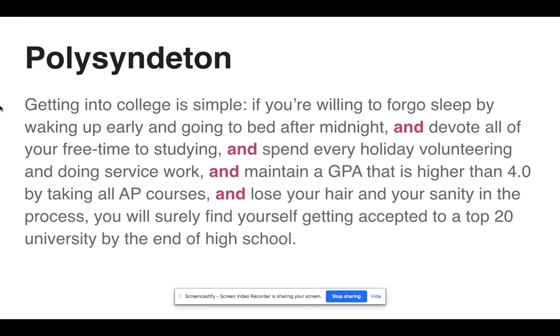Now, the effect of this is not only that it builds up a lot of information, emphasizing all of the different things that someone would have to do in order to get into college, but the end result is also some irony, because the fact is that it's not actually simple. After you read all of these different pieces that you have to do in order to get accepted, you'll see that it actually is quite a lot of hard work and probably a bit of stress on top of that.